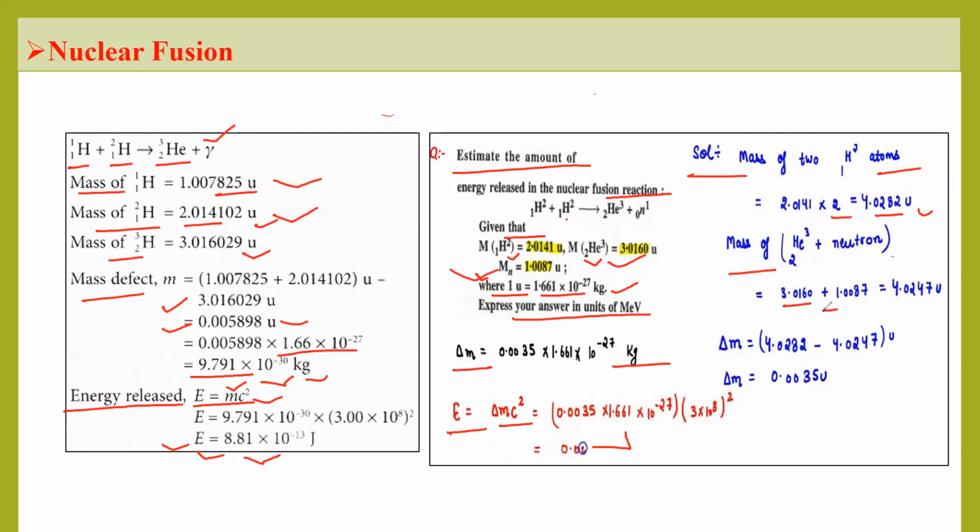So that is 4.0247 U. Now we have to calculate delta M, which is observed minus calculated: 4.028 minus 4.0247. It is 0.0035 U, and this is delta M. If you want to calculate it in kg, and delta M c square, it is almost zero. So the binding energy is E equal to delta M c square. So this is the answer.